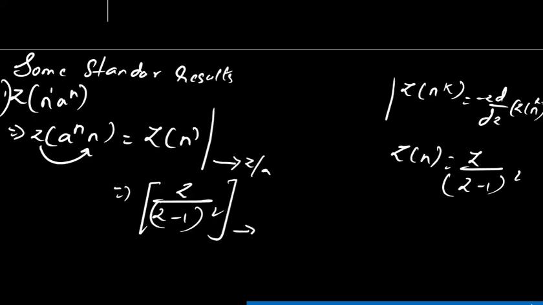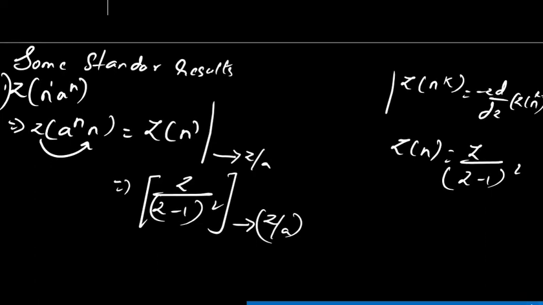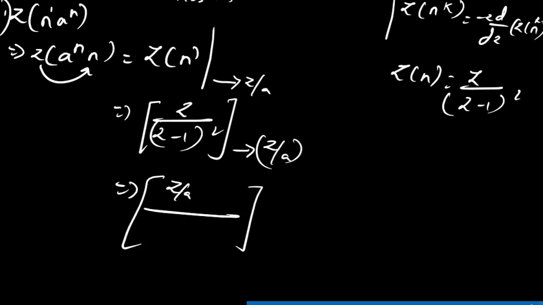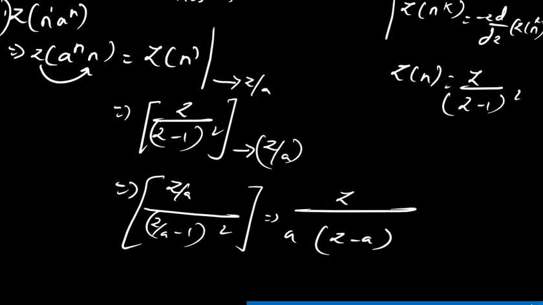Whatever answer I get, I am supposed to replace z by z by a. So it is z by a divided by z by a minus 1 the whole square. Take the LCM. So it is z by a, and z minus a by a square.